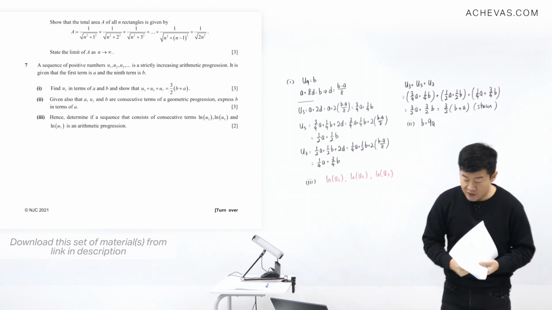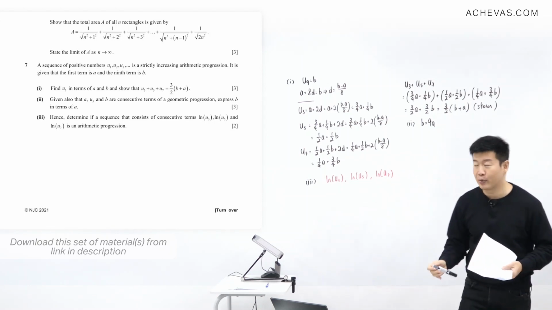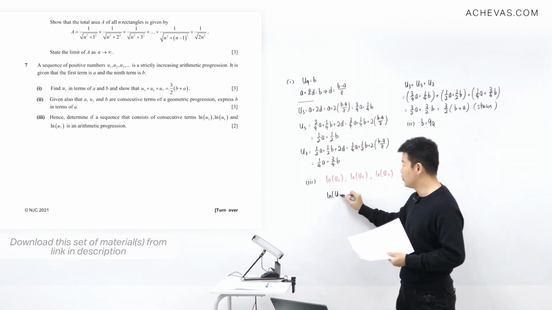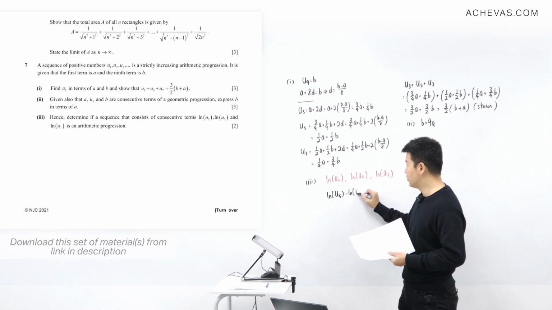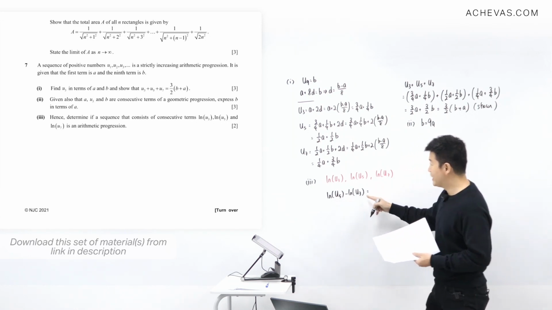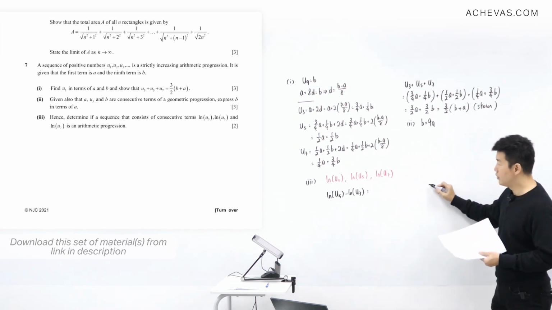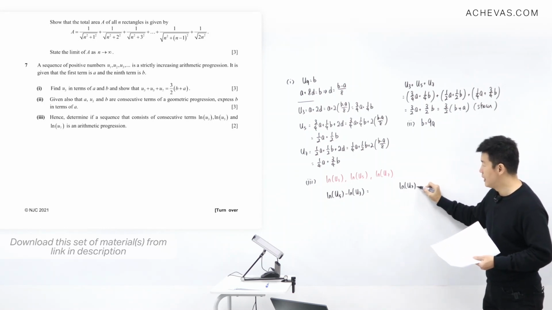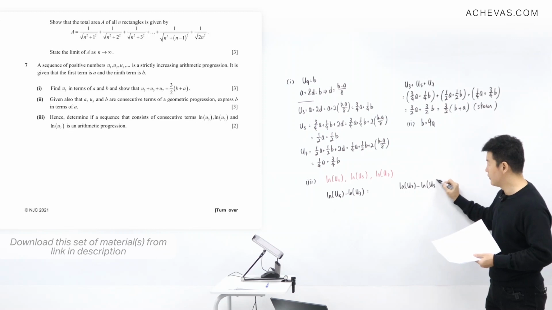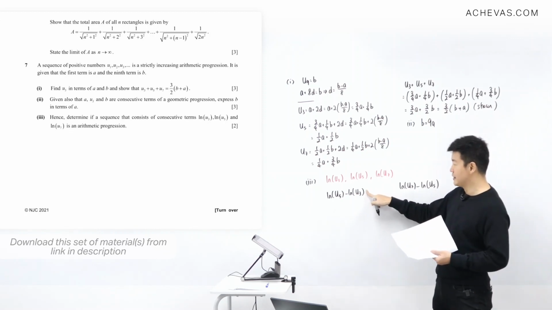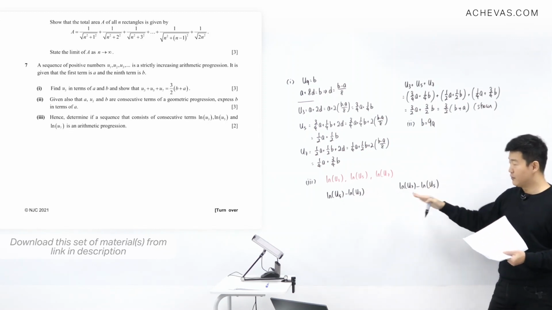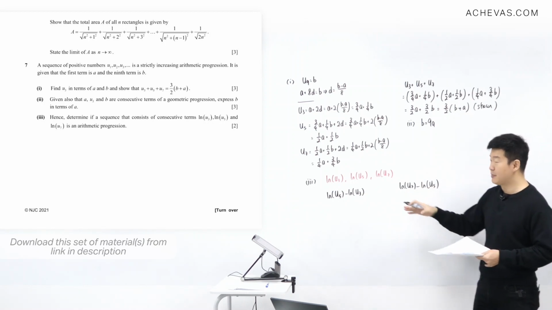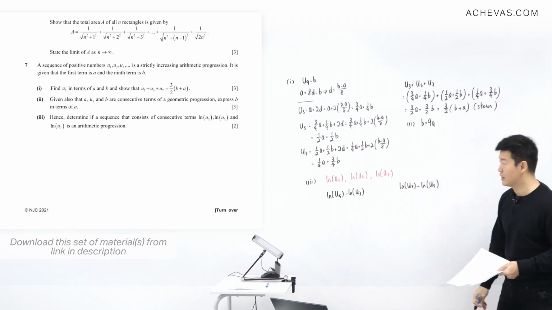If they are to be consecutive terms of an arithmetic progression, then we will be expecting ln of u5 minus ln of u3 to be the same value as ln of u7 minus ln of u5. Let's check whether this is true, because if I'm getting the same result, then we can conclude that we are looking at an AP.